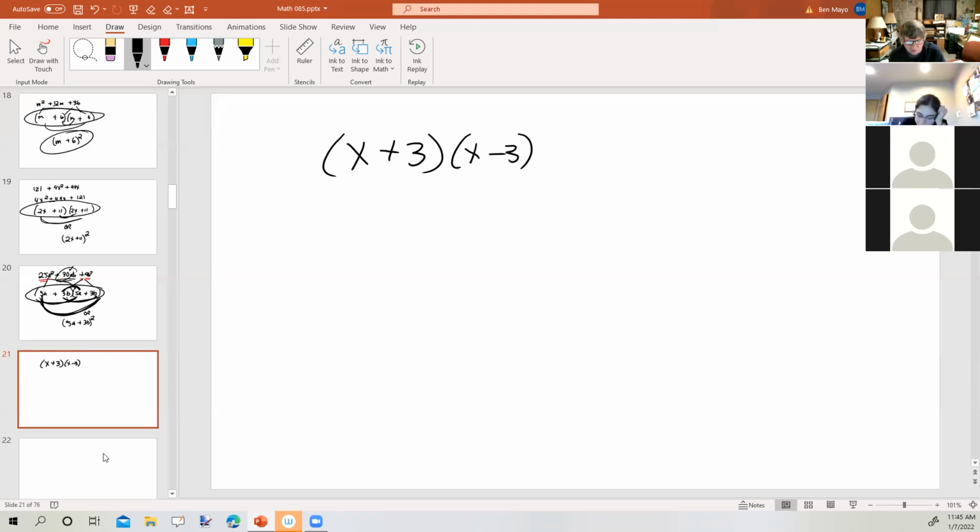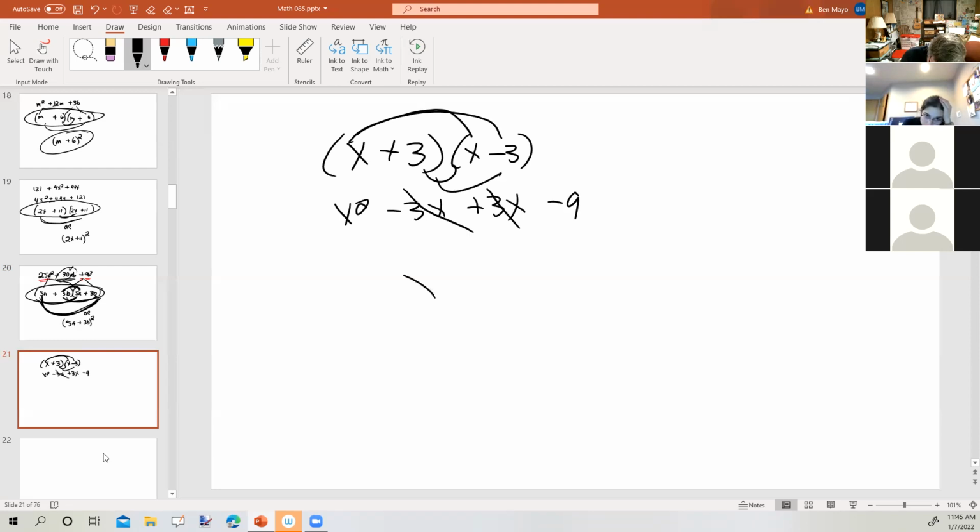So we've got x plus 3, x minus 3. This is a conjugate pair. When you FOIL or multiply those together, what happens? The middle two terms cancel out and we get a binomial answer.